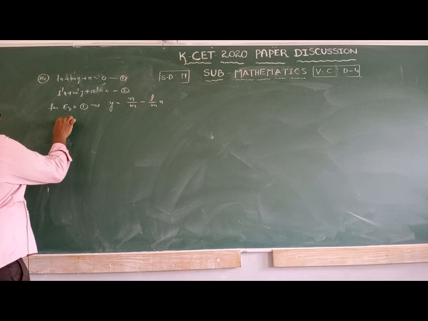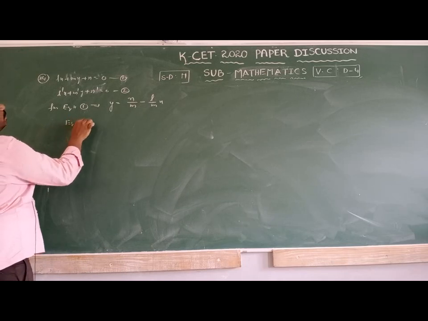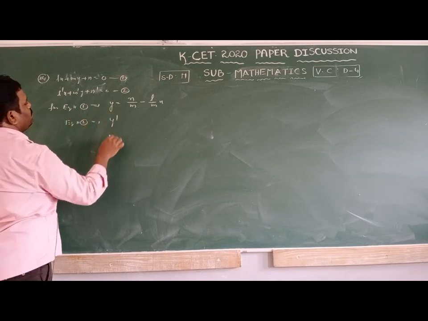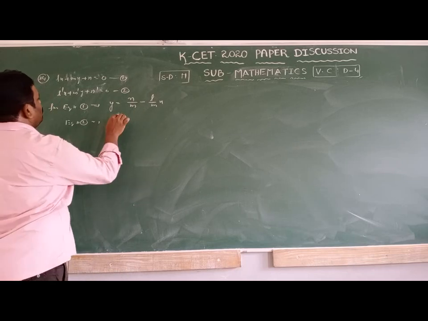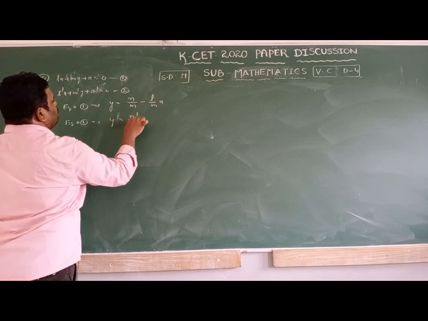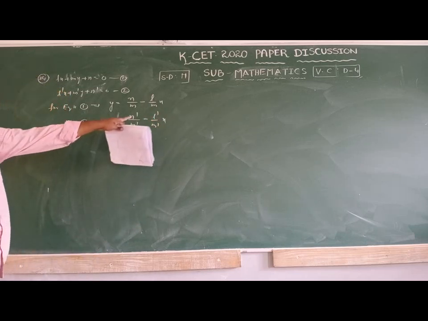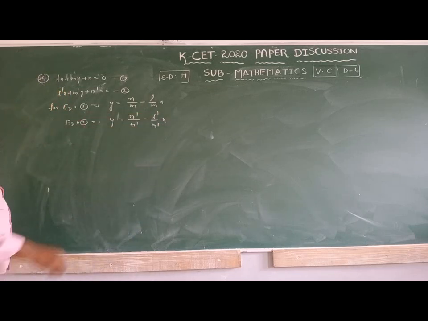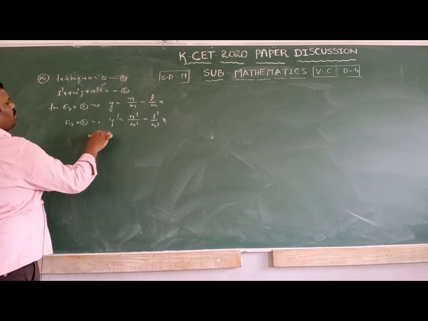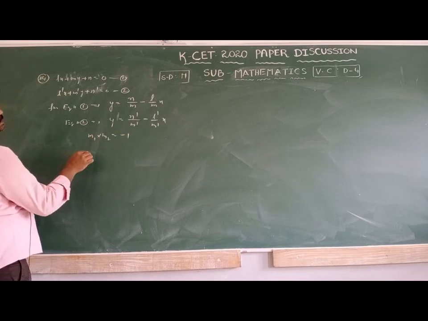From equation 2, again for the slope, y is equal to minus n dash by m dash minus L dash by m dash into x. Here the slope is minus L by m, and here minus L dash by m dash. For perpendicular lines, m1 into m2 is equal to minus 1.